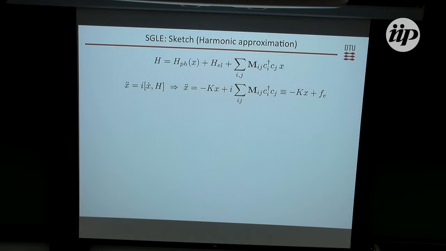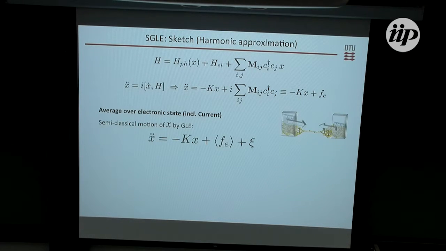And the idea is now that we'll assume that the electrons are in steady state. So we just have some flowing electrons, and we'll assume that they are so fast, these electrons, that it doesn't matter if you move the atoms a little bit, they will just see the instantaneous position of the atoms.